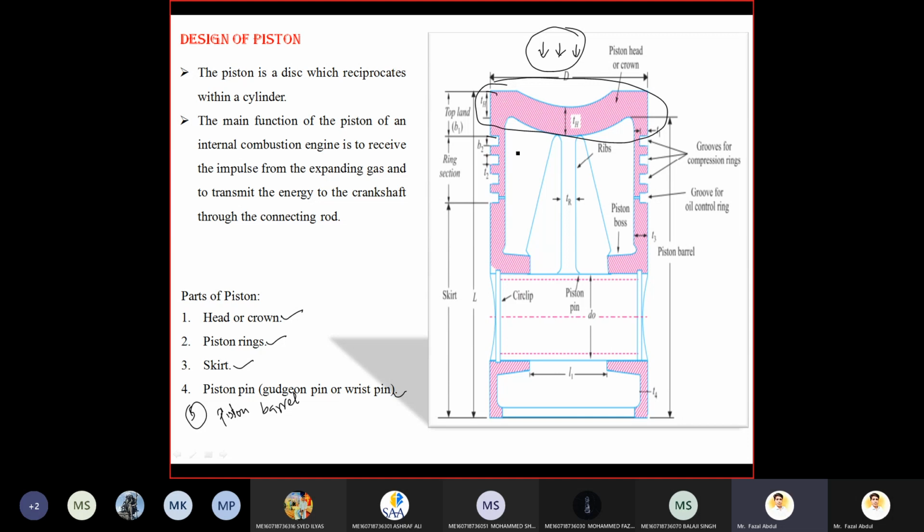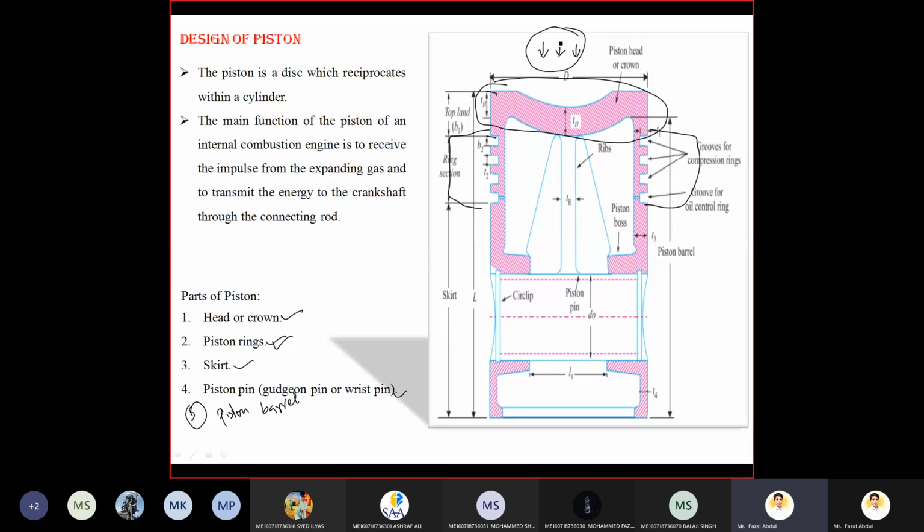Now the second one is the ring section, the piston rings. See here, the ring section starts from here to here. These ring sections are used to seal the cylinder in order to prevent the leakage of the gas. In the engine cylinder, in the third stroke, there is a power stroke.